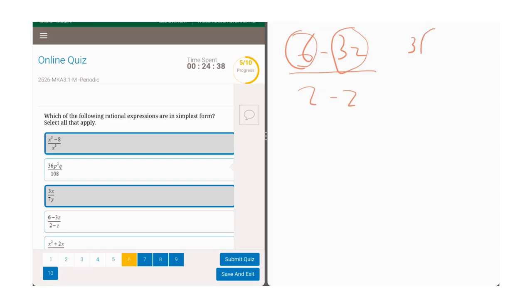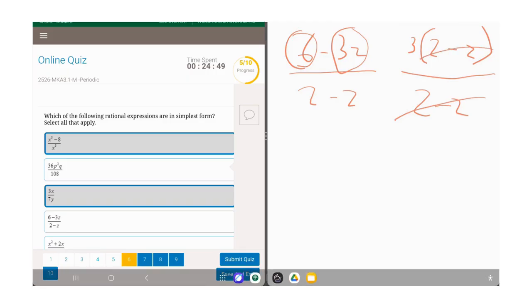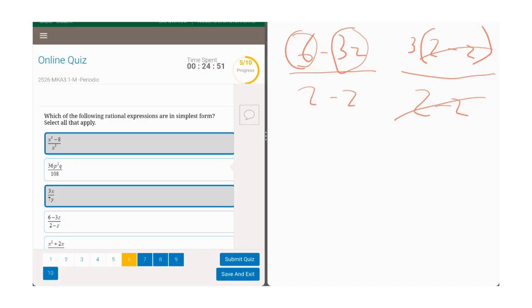So you can put 3 outside and it'll be 3 times 2 minus z over 2 minus z. So you can cancel out 2 minus z and 2 minus z, and you'll get the final answer is 3. 3 is way different than this old rational expression, which means that it's not in simplest form because you cancelled out 2 minus z from the numerator and the denominator.